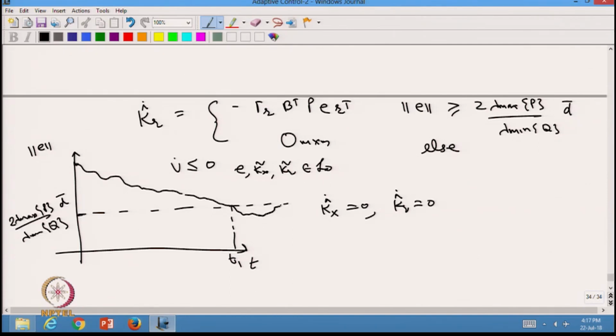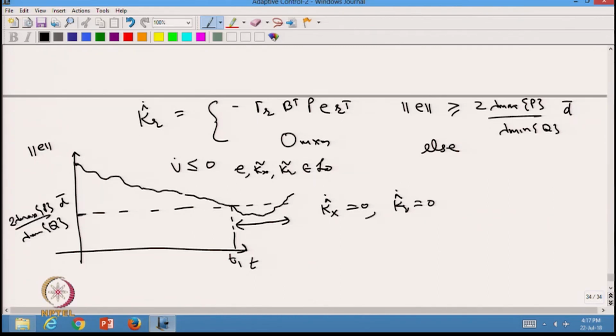Now, when the error moves out of this dead zone, we again start the updation of kx hat and kr hat. So, during this time, the value of kx hat will be what it was at t1, and the value of kr hat will be what it was at time t1. Okay. Of course, once the error goes outside of the dead zone, we start the adaptation of kx hat and kr hat using the classical update laws, the unmodified update laws.